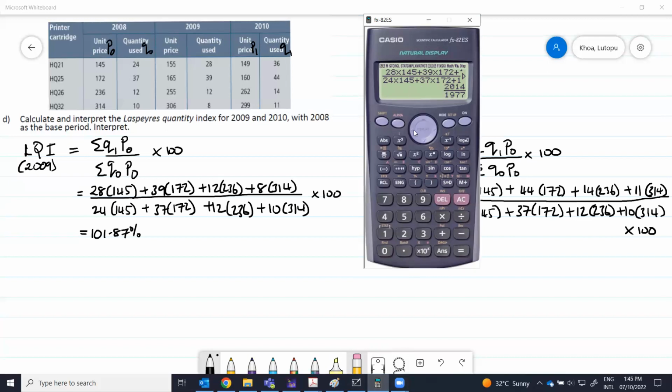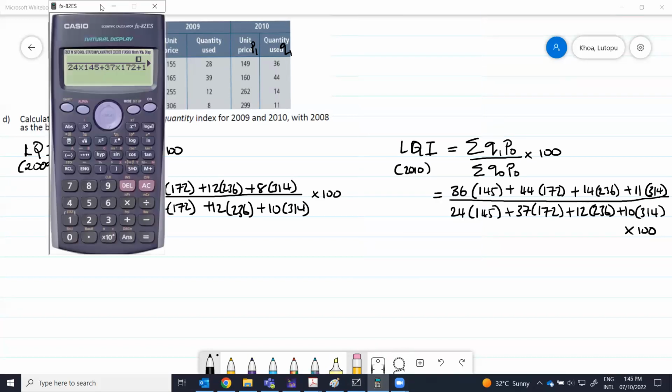Okay, so with this question, the only thing that is going to change is my numerator. 36 times 145, 44 times 172, 14 times 236, then 11 times 314. Then we multiply this by 100.